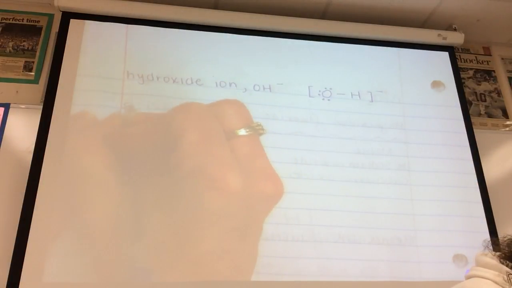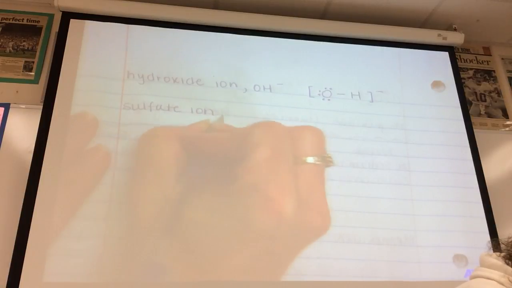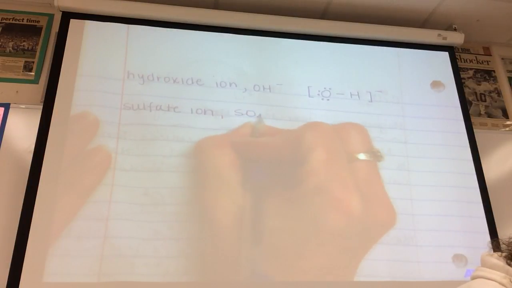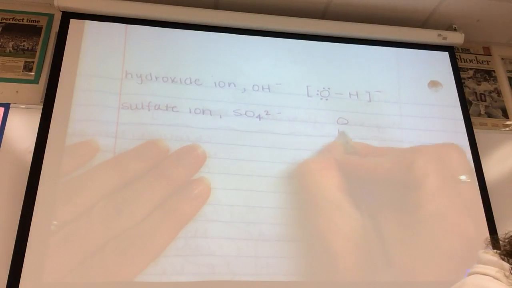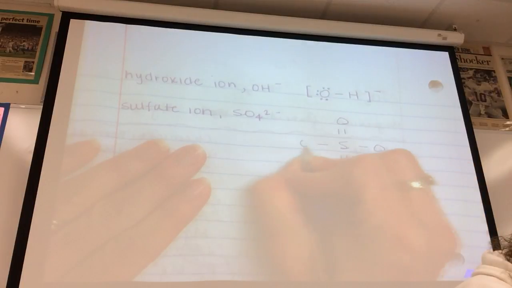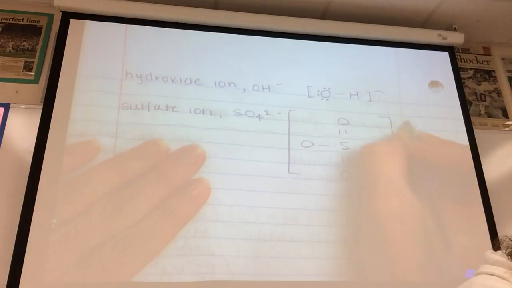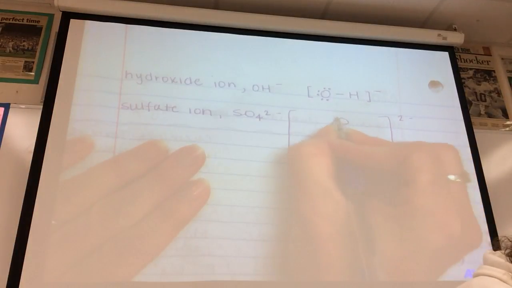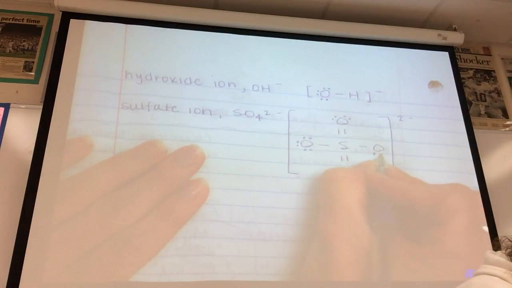Similarly, sulfate ion, this one's a little bit crazy. I told you you didn't have to draw it. Don't freak out on me. It's not a carbohydrate. Boy. I think I'm just gonna stop drawing.